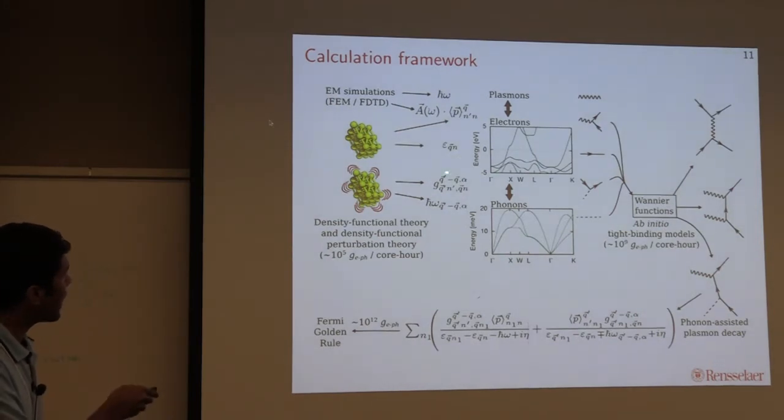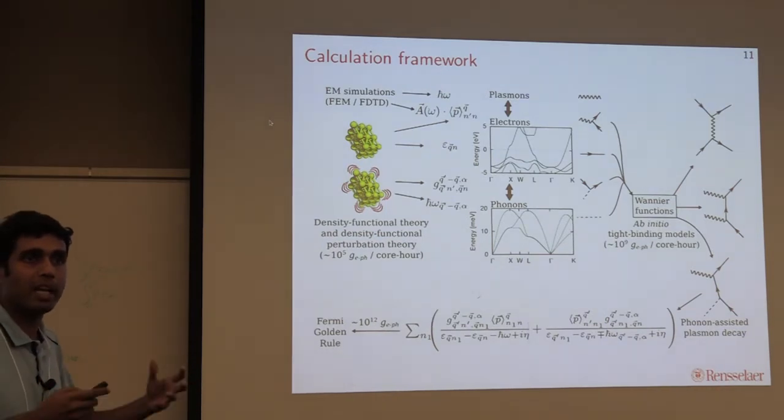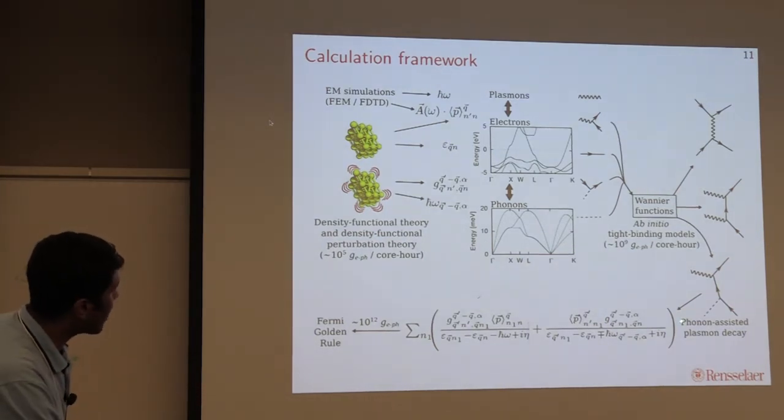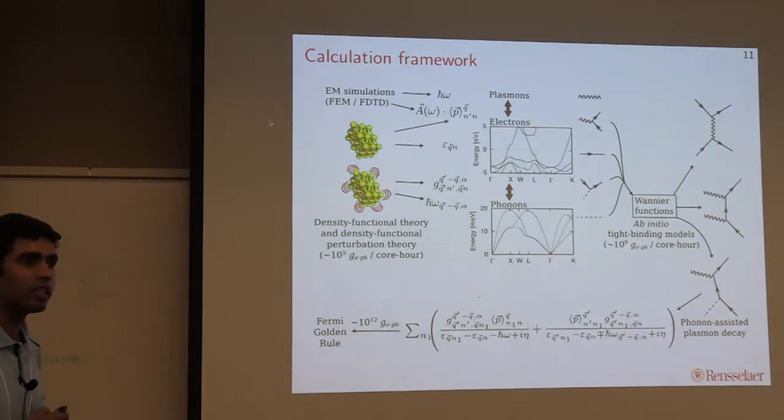Calculating these electron phonon matrix elements, you could probably do on the order of 10 to the 5 per core hour of a computer, which sounds really efficient, except that to converge these types of processes, you need to account for around 1 trillion of these matrix elements. So that becomes extremely slow.